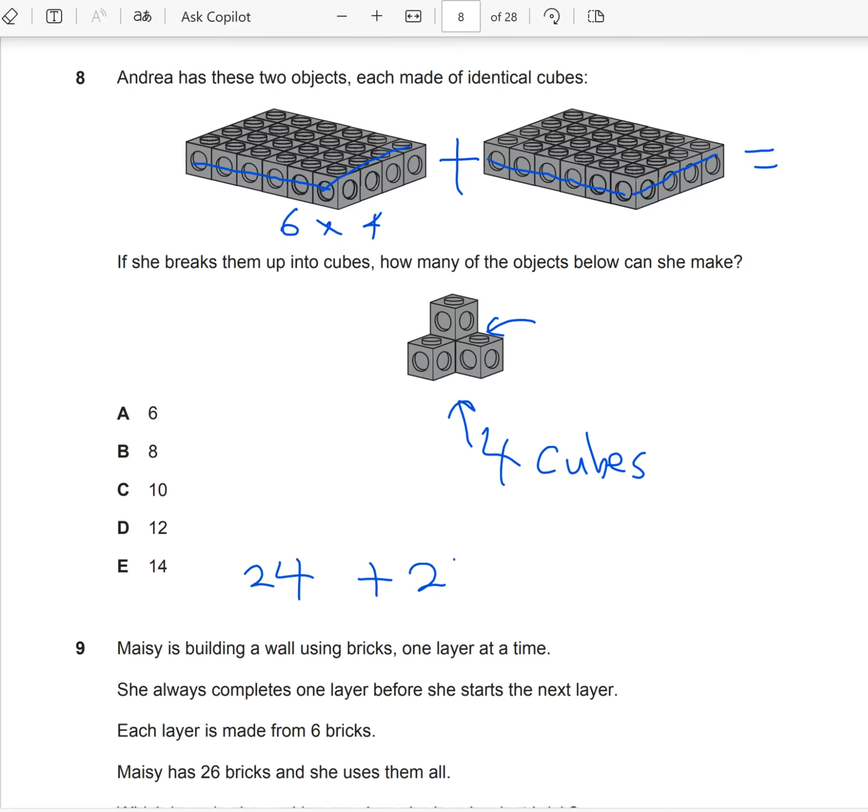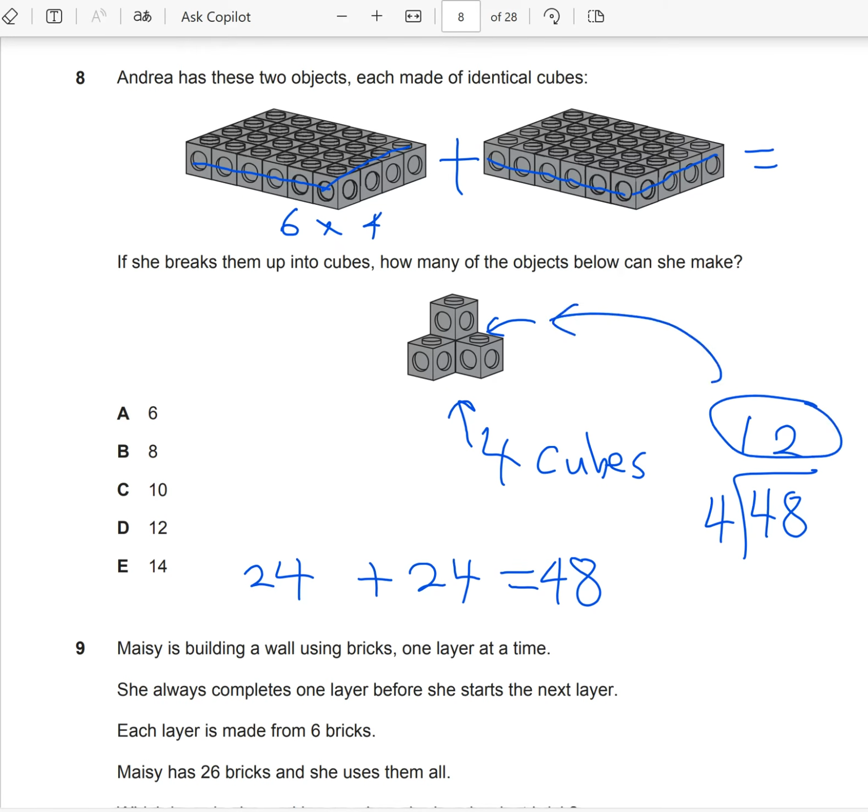Again, 6 times 4 is 24. If we add this, 24 plus 24 is 48 altogether. And now we'll divide that by 4. Divide by 4, we get 12. So we have 12 lots of this object, which makes our answer D.